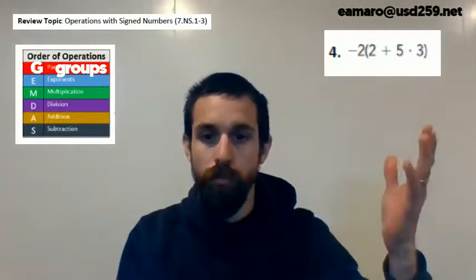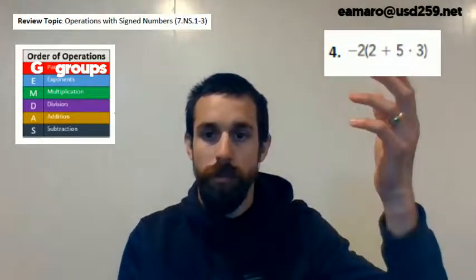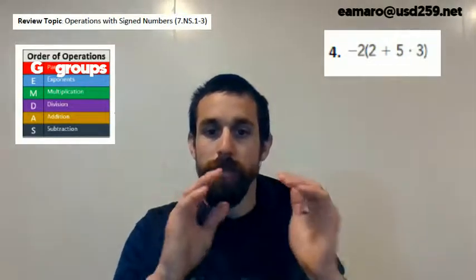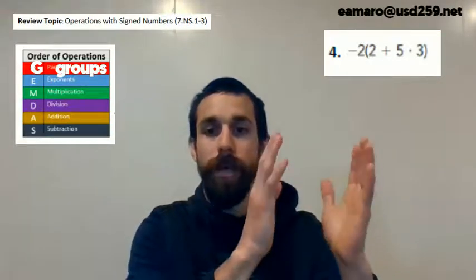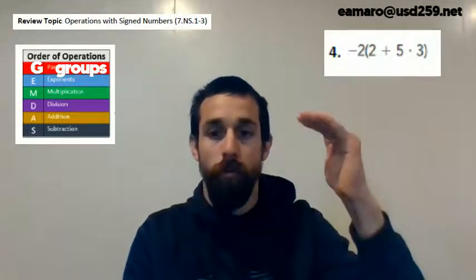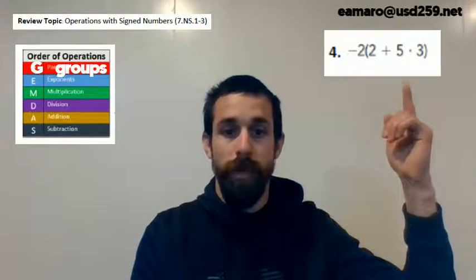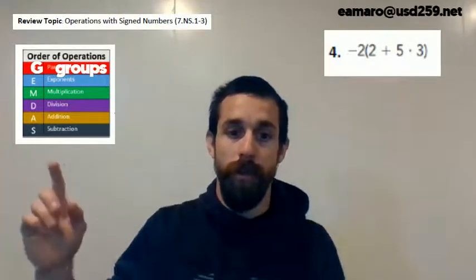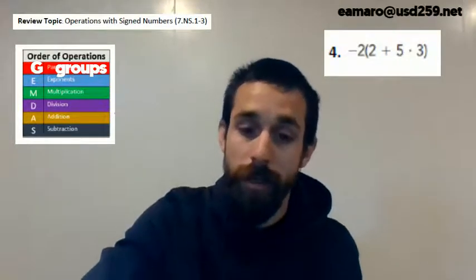All right, so I want to tackle this problem over here. I need to think about the order of operations. Groups is first. So I have those parentheses, and then whatever's inside the parentheses I have to take care of next. So 2 plus 5 times 3. I have to figure out which I want to do first, the addition or the multiplication. If I look over here at the order of operations, I have to do multiplication first, and then I can do addition.